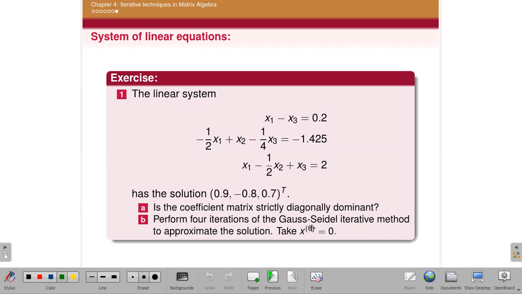Perform 4 iterations of the Gauss-Seidel method to approximate the solution by taking x naught equal to 0. 0 is a vector here, it is actually 0, 0, 0, since it is 3 equations in 3 unknowns. This is the exact solution. You can compare your approximate solution with this.